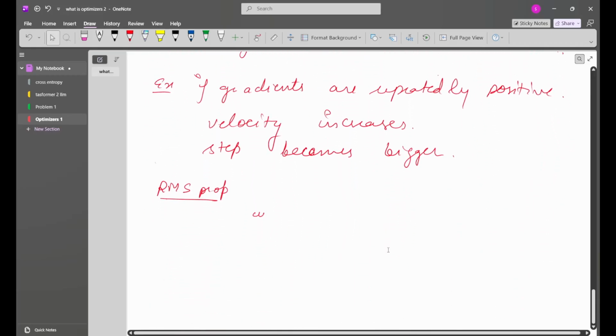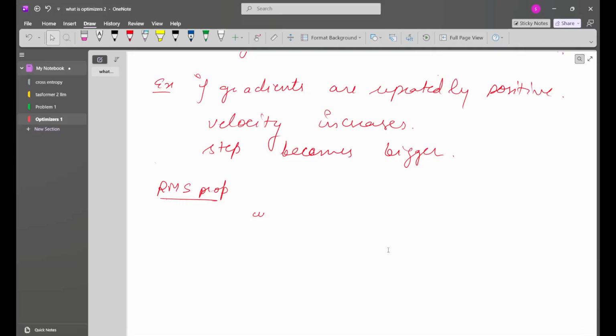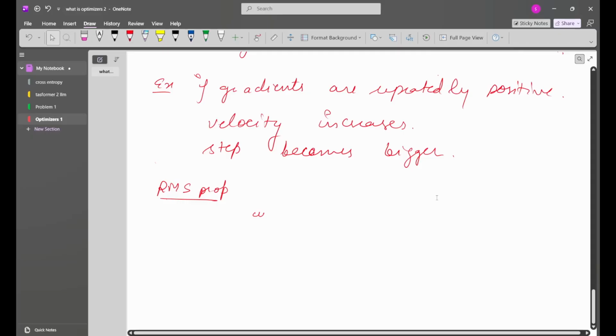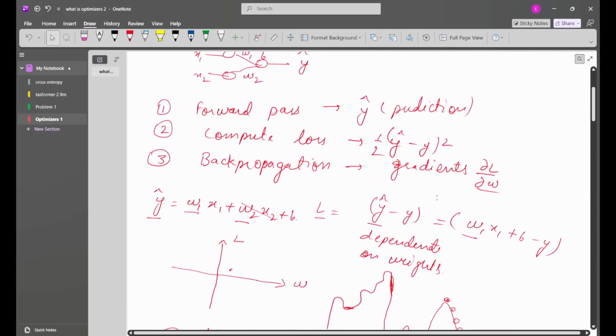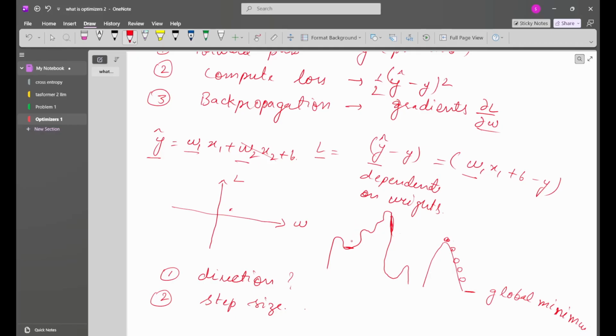RMSprop says that the same learning rate for all directions is bad. Some directions are steep where we need to take smaller steps, and some directions are flat where we need to take larger steps. So the idea of RMSprop is to reduce the step if the gradient is large and increase the step if the gradient is small.